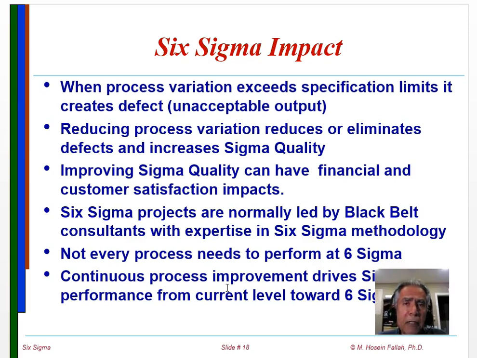So there is a negative impact when we have significant process variation. Reducing that process variation eliminates the defects, which results in a significant positive impact on the process, on the organization financially, and, most likely, oftentimes on customer satisfaction.